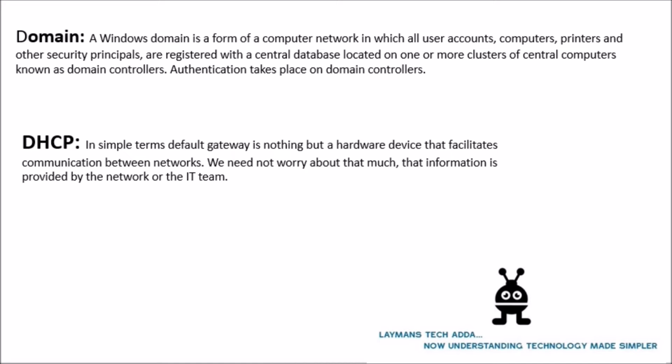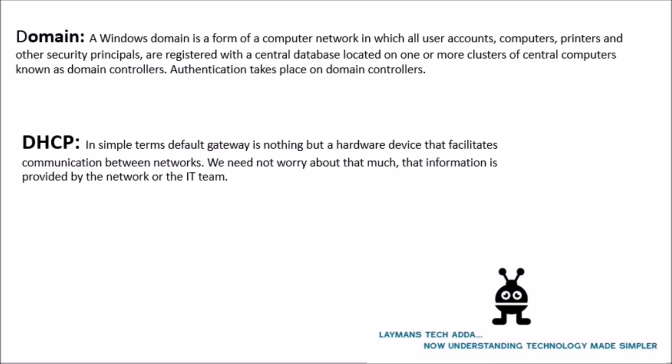If we look at the basic definition, it says that a Windows domain is a form of computer network in which all user accounts, computers, printers, and other security principals are registered with a central database located on one or more clusters of central computers known as domain controllers. So all the authentication takes place on domain controllers.